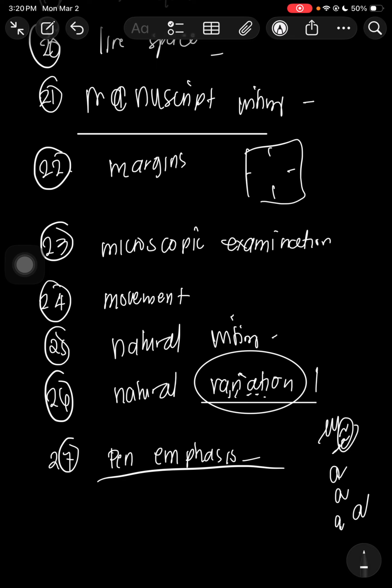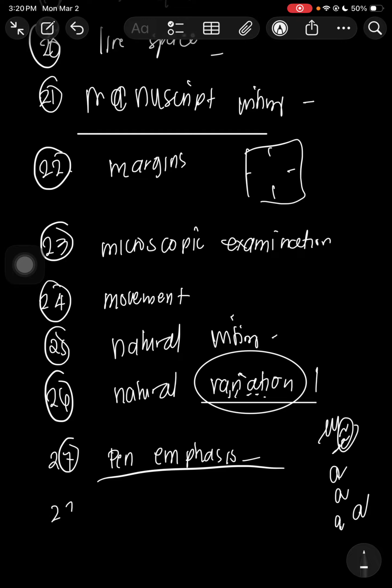So the act of intermittently forcing the pen against the paper with increased pressure. So yung pen emphasis, syempre kapag yung pressure na ilagay mo sa ballpen mapupunta sa paper, syempre magkaka-ink, no? So additional shading.